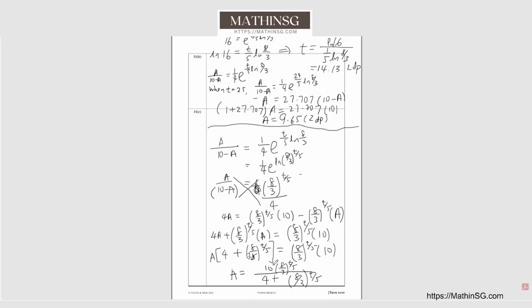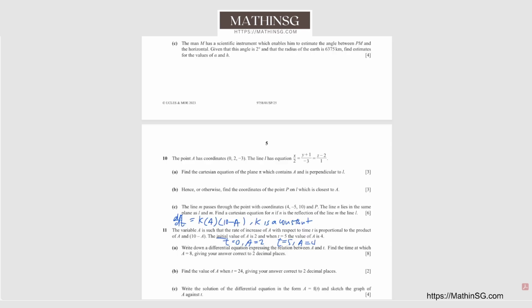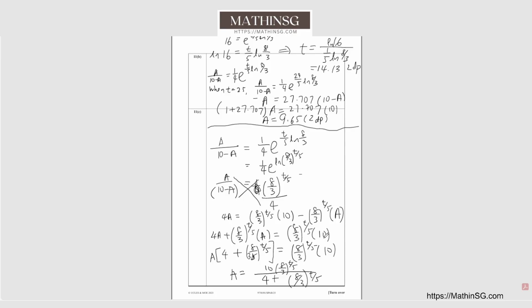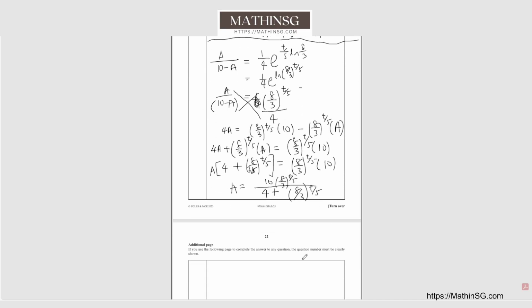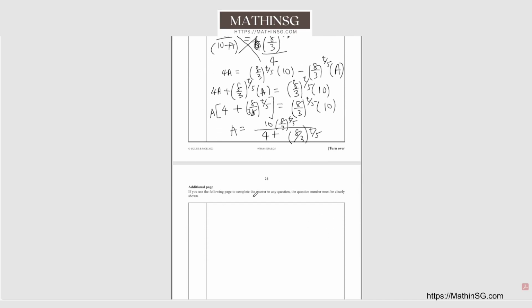Now that I have written this equation for A, I am supposed to sketch the graph of A against t, right? So let's do the sketch. Type it into your GC. We'll ignore values of t that are negative because t is time, and time cannot be negative.